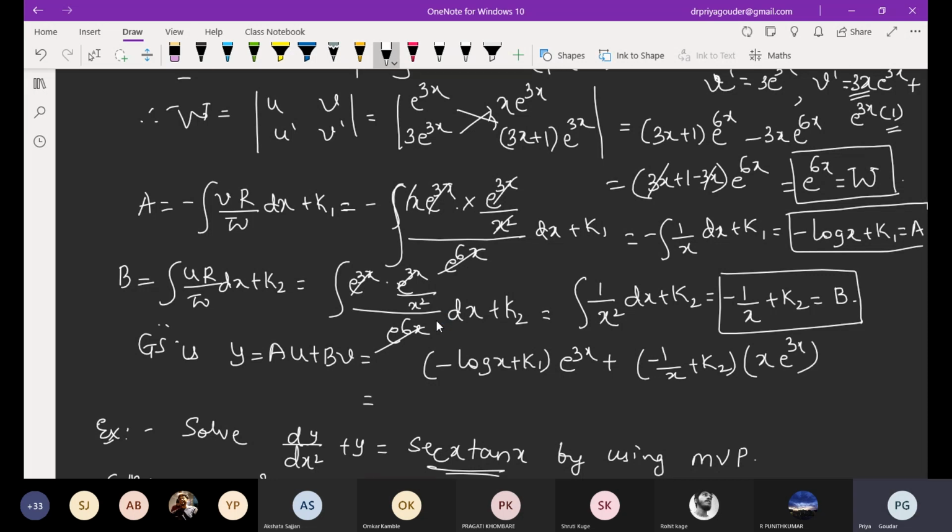Again, what I've told in the first bracket, what to collect? Terms containing K1 and K2. This is K1 e raised to 3x and K2 x e raised to 3x. You can take e raised to 3x common. So what will we get here? K1. Here? K2 x. Am I right? Check, is it your CF? Only constants are differing here.